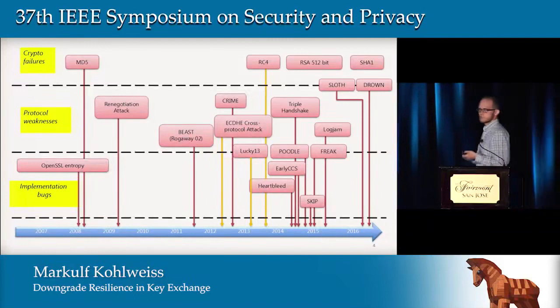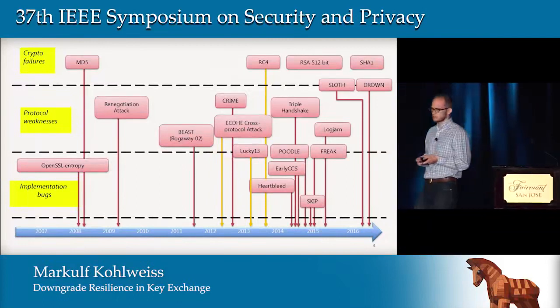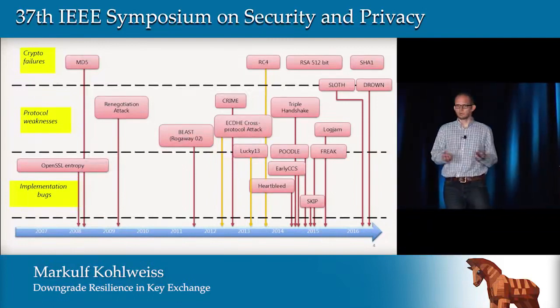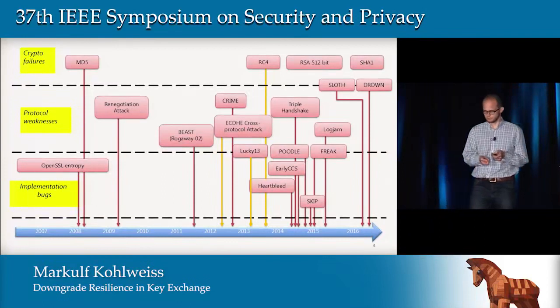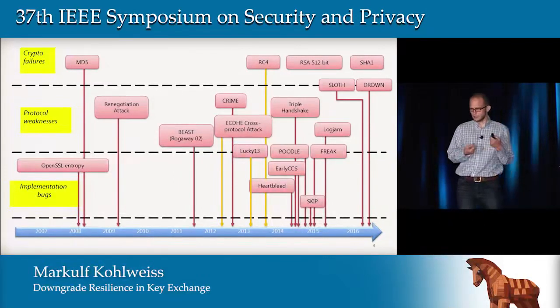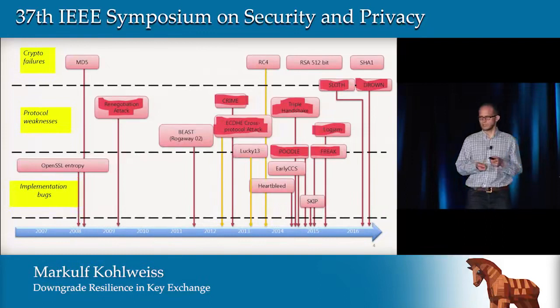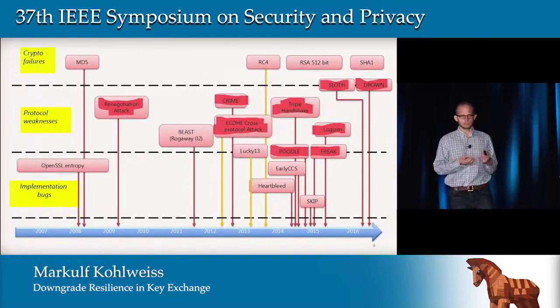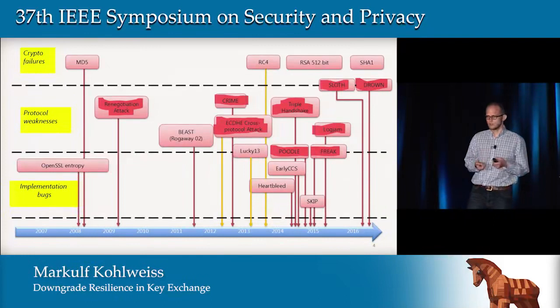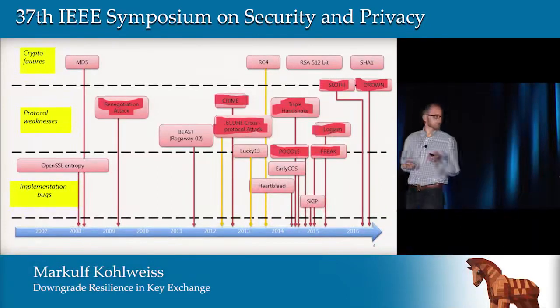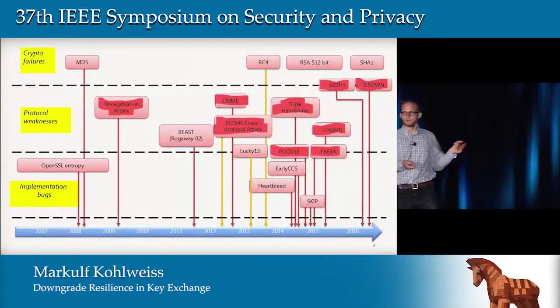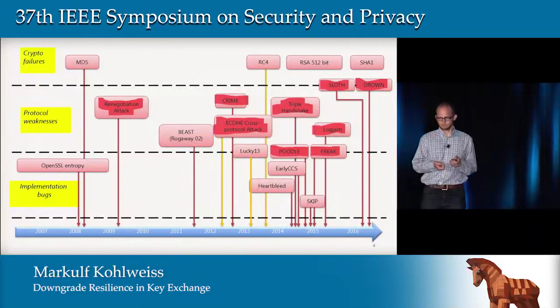Particularly, people think that this is important to be prepared for quantum computers and quantum attacks. However, it also enables downgrade attacks, in which an attacker can exploit this negotiation to make clients and servers use weak cryptography. And the highlighted attacks here use some form of negotiation and downgrade.